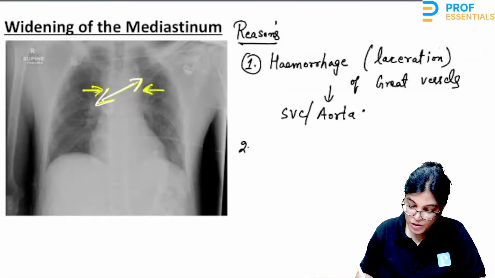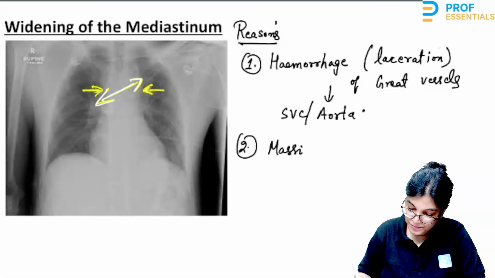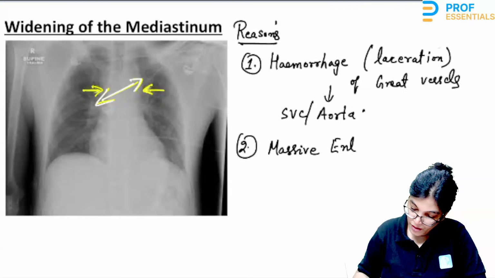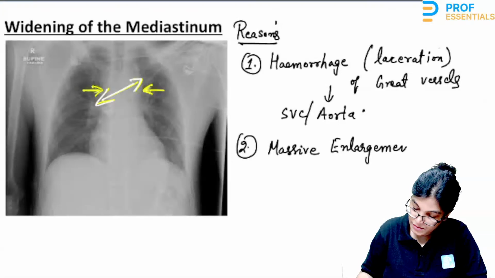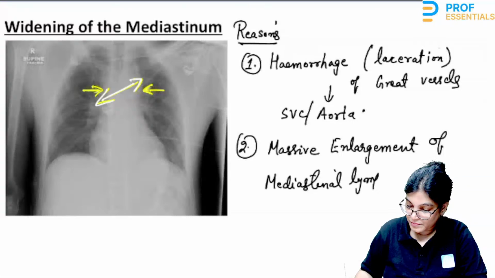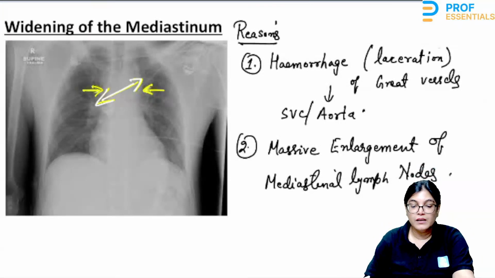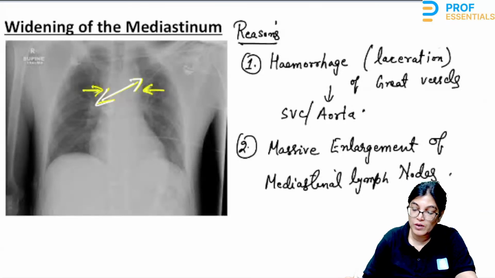The other important reason is massive enlargement of mediastinal lymph nodes. Also, widening of the mediastinum can be seen in case of hypertrophy of the heart.